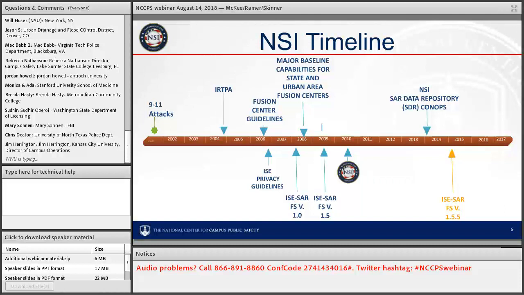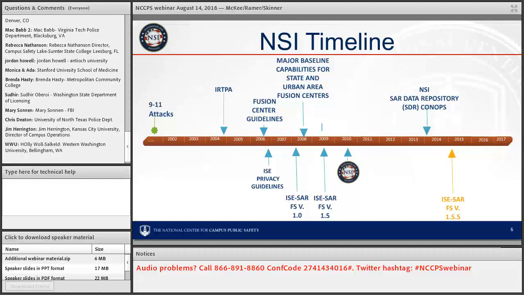And then the Information Sharing Environment developed what's known as the ISE-SAR functional standard in 2008, and that laid out the guidance in how the information should be shared. And we'll go in a little more detail on exactly what that is, but this goes back to that date. And then later on in 2010, the Nationwide Suspicious Activity Reporting Initiative, or NSI, was formally created, led primarily by DHS and the FBI, along with the fusion centers, to institutionalize this process throughout the country.